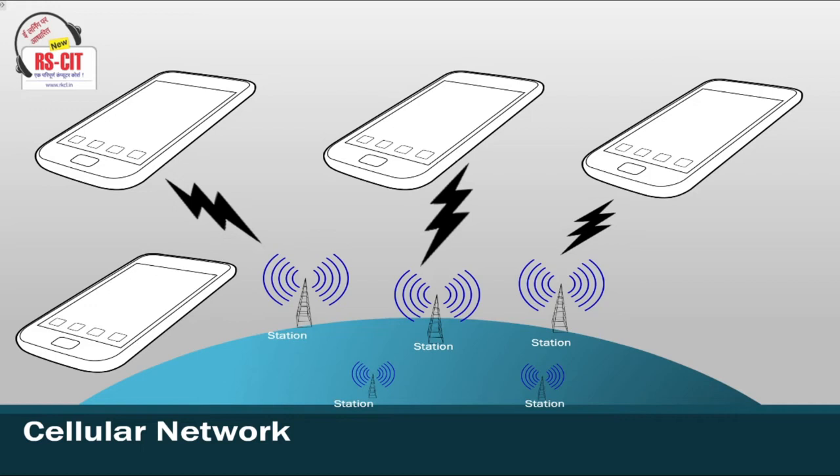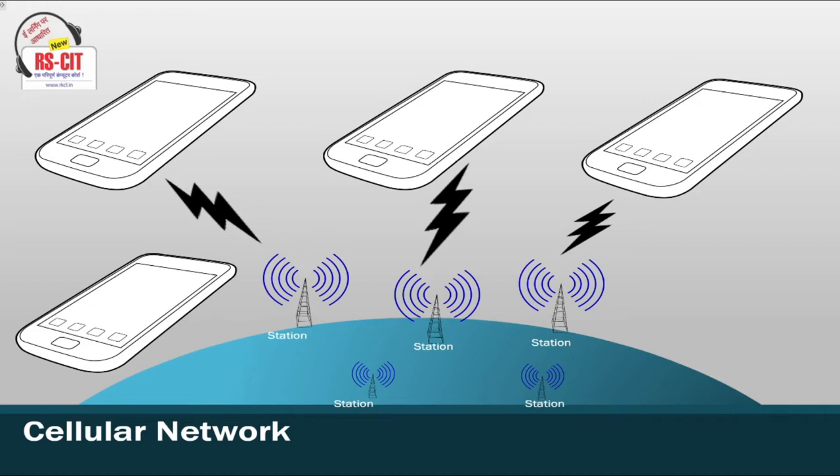In a cellular network, each cell uses a different set of frequencies from neighboring cells to avoid interference and provide guaranteed bandwidth within each cell. When joined together, these cells provide radio coverage over a wide geographical area.